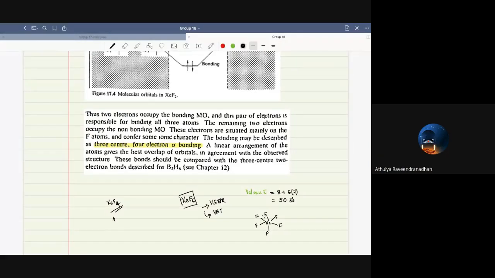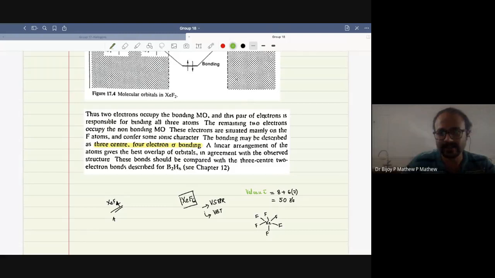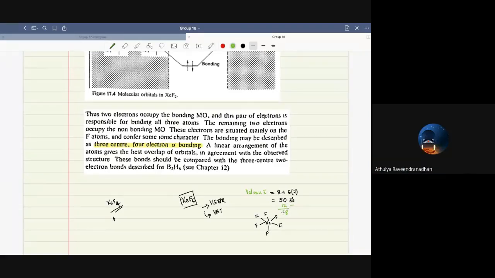12 electrons are used in bonding. So the remaining is 38 electrons. Let me write here: minus 12 electrons. So it is 50 minus 12, which is 38.